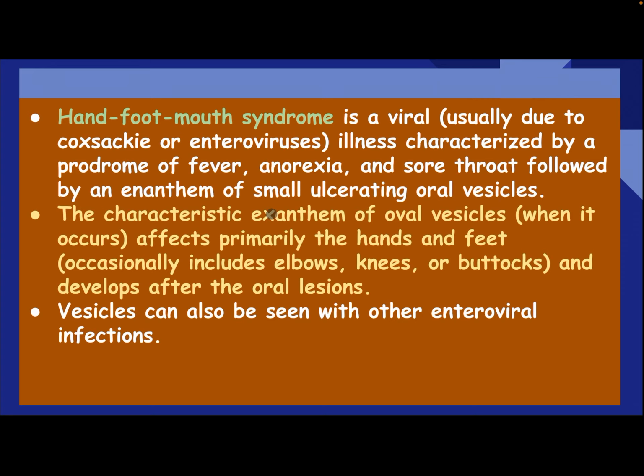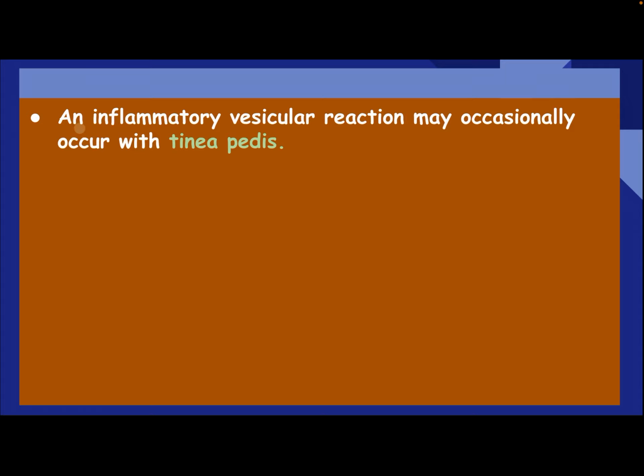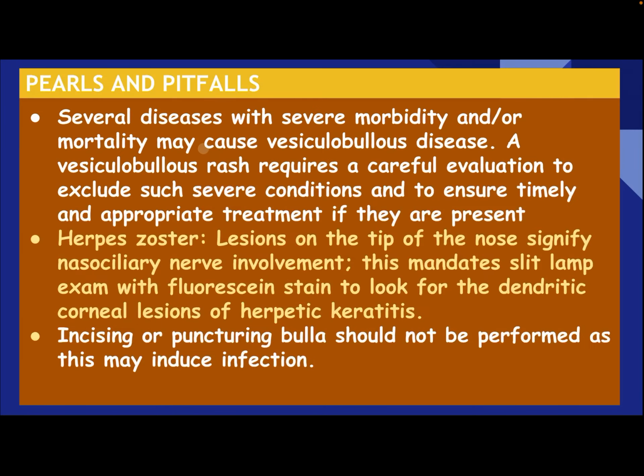The characteristic exanthem of oval vesicles, when it occurs, affects primarily the hands and feet, occasionally including the elbows, knees, and buttocks, and develops after the oral lesions. Vesicles can also be seen with other enteroviral infections. An inflammatory vesicular reaction may occasionally occur with tinea pedis.